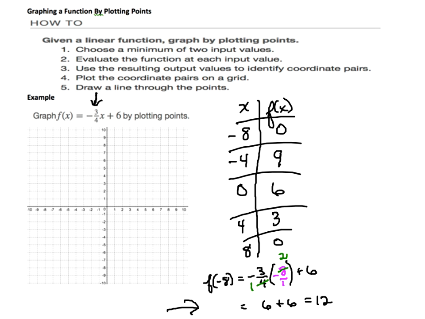Negative 8, 0. Oh, no, 12, I'm sorry. I forgot to change it in my table. This is 12. There we go. Negative 8, 12 is actually off of our graph, so it's somewhere up around in here. All right, negative 4, 9.